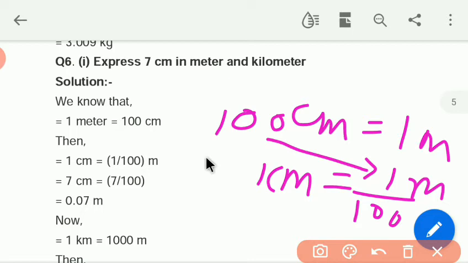It means if you want to change from centimeter to meter, you have to divide by 100 always. If 1 centimeter is 1 upon 100, so 7 centimeter will be 7 upon 100. If here 2 zeros are given, you have to put the decimal after 2 numbers. So 0.07 meter.